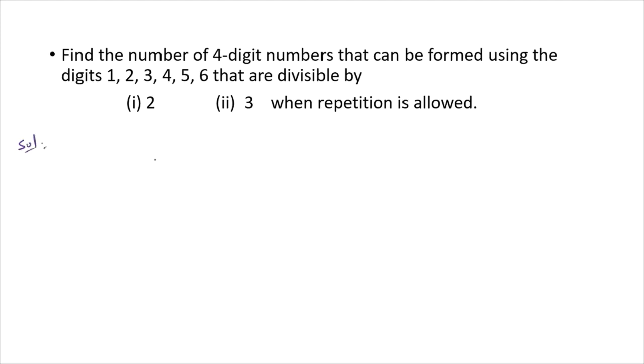The number of 4-digit numbers that are divisible by 2. So the given digits are 1, 2, 3, 4, 5 and 6. So in total we have 6 digits. Out of these 6 digits, 2, 4, 6 are even.